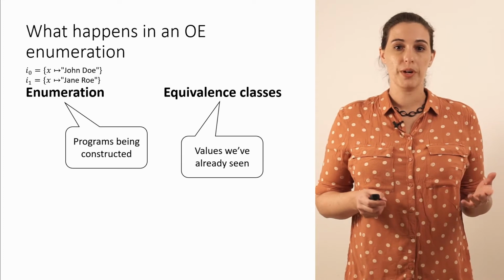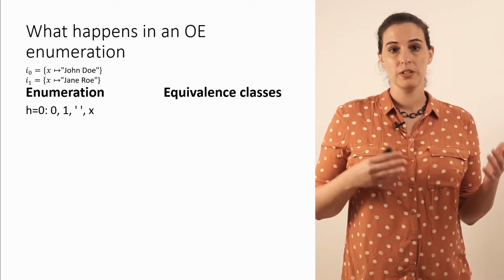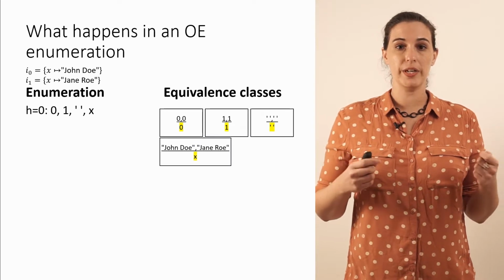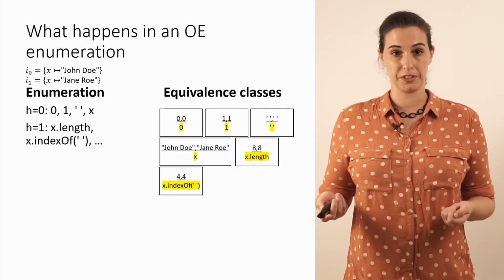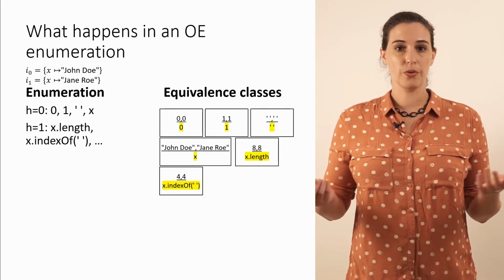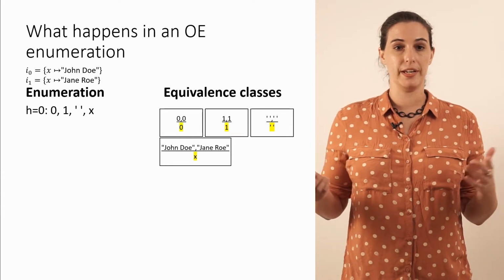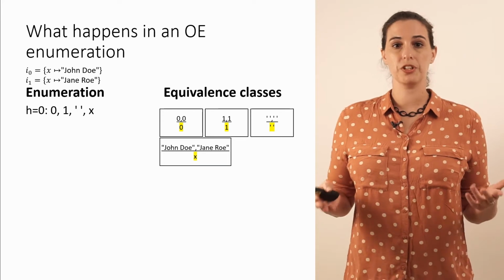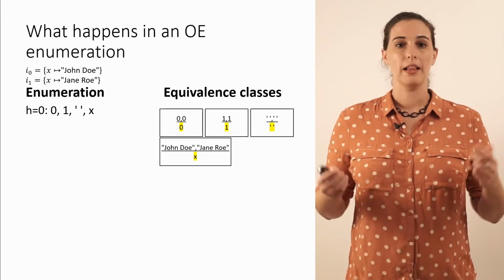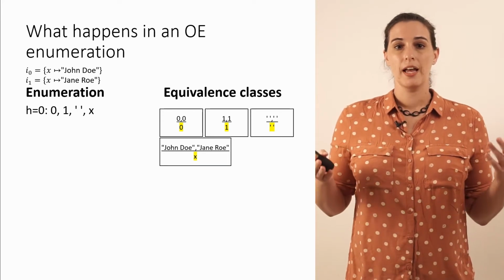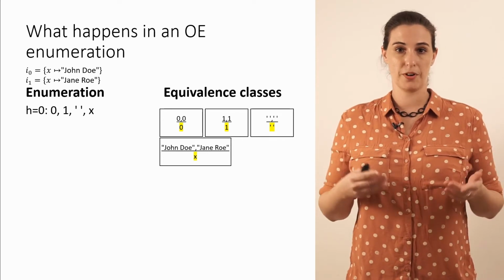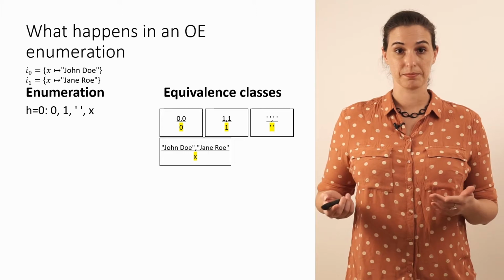So first we enumerate programs of height 0, the variables and literals in our grammar, and evaluate each one on the two inputs. And for each of those values, we create an equivalence class. Then from the representatives we've already seen, we start to make trees of height 1, like x.length from x, and index of space in x from x and space.